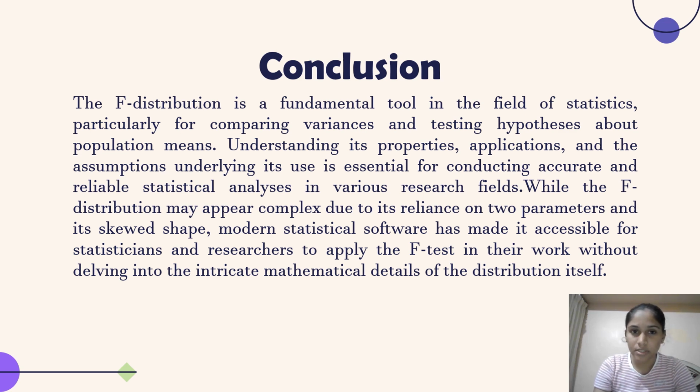While the F distribution may appear complex due to its reliance on two parameters and its skewed shape, modern statistical software has made it accessible for statisticians and researchers to apply the F-test in their work without delving into intricate mathematical details of the distribution itself.